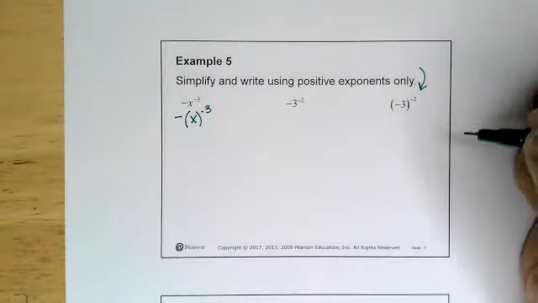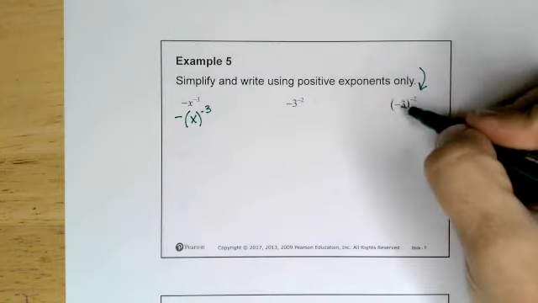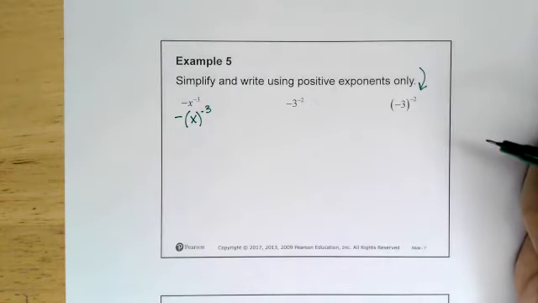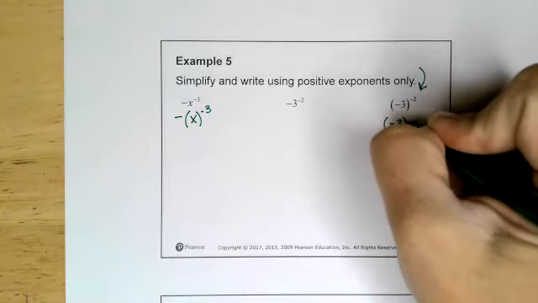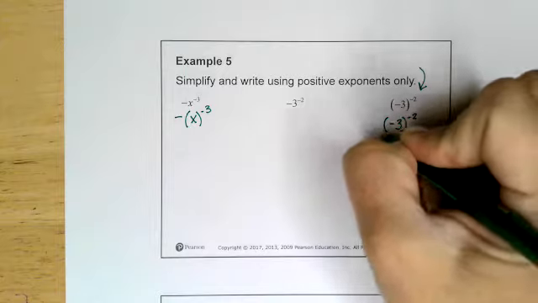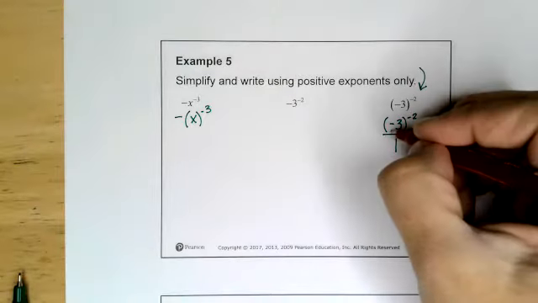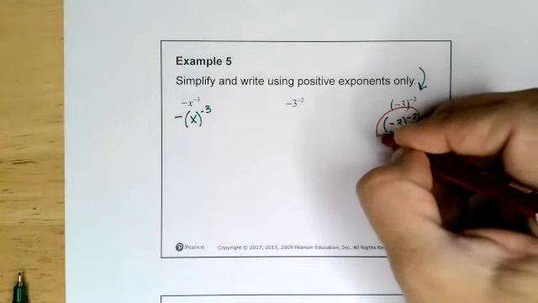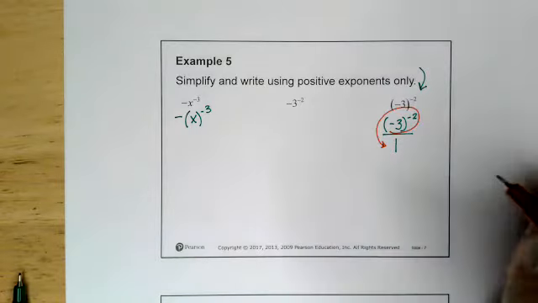So this shows me that the negative 3 is the whole base, right? The parentheses. So I'm going to say parentheses negative 3 to the negative 2 is over 1, understood 1. And I know that I need to move all of this down because it has a negative exponent.